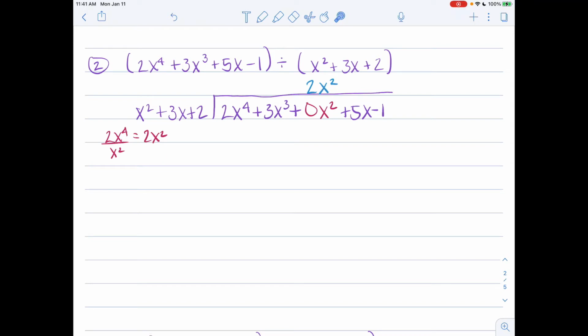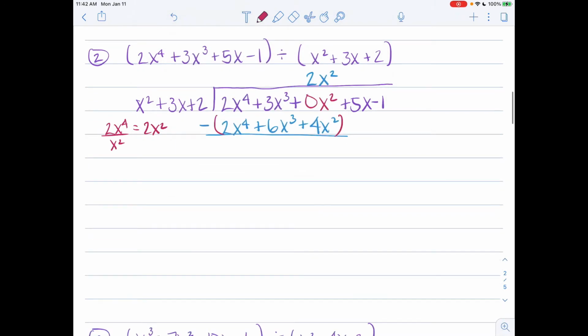2x squared multiplied by every one of these terms. So I'm going to get a 2x to the fourth. 2 and 3 is 6x to the third, and then 2 and 2 is a plus 4x squared. And I'm ready to subtract again, just like I did in the first problem.